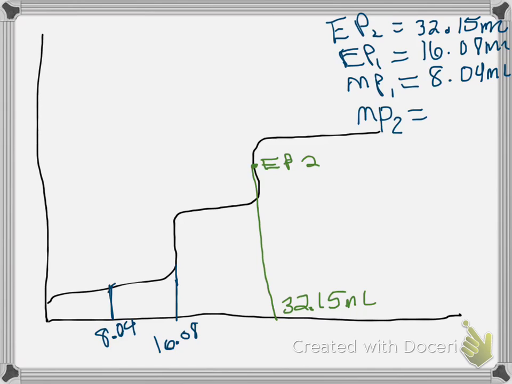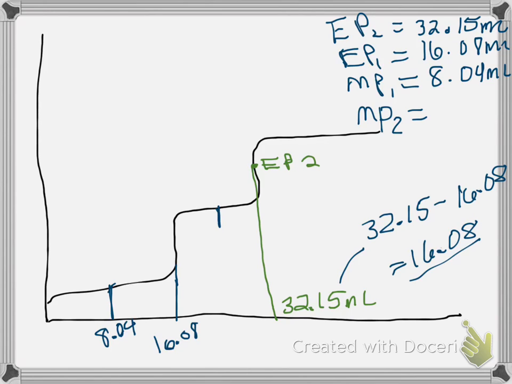So what we do to get that, there's two ways. You can basically realize that midpoint is going to occur 3/4 of the way through the titration, 75%. Or you can get that by taking the difference, 32.15 minus 16.08, which of course should be 16.08, that gap.